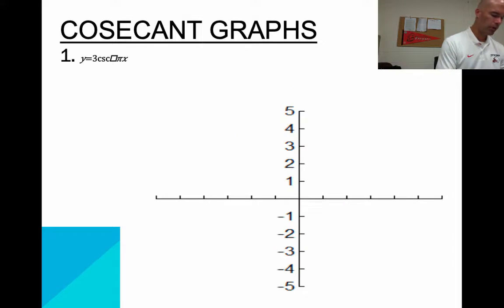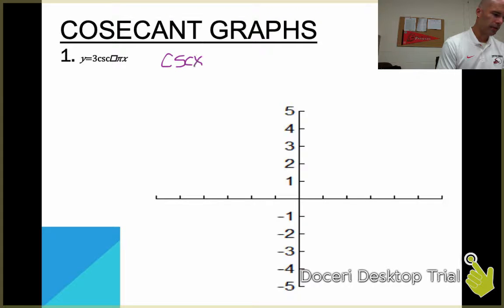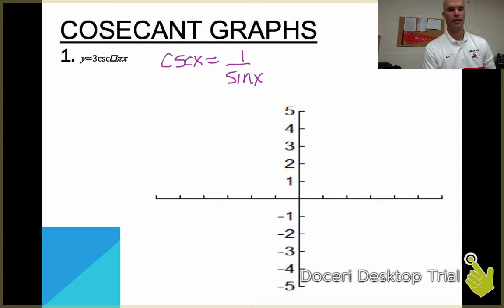Okay, so we want to graph, and sorry, the math type doesn't always work well with PowerPoint, y equals 3 times the cosecant of pi x. Now remember, cosecant of x is the same thing as 1 over sine x. So what I'm going to do is graph the sine of this function.